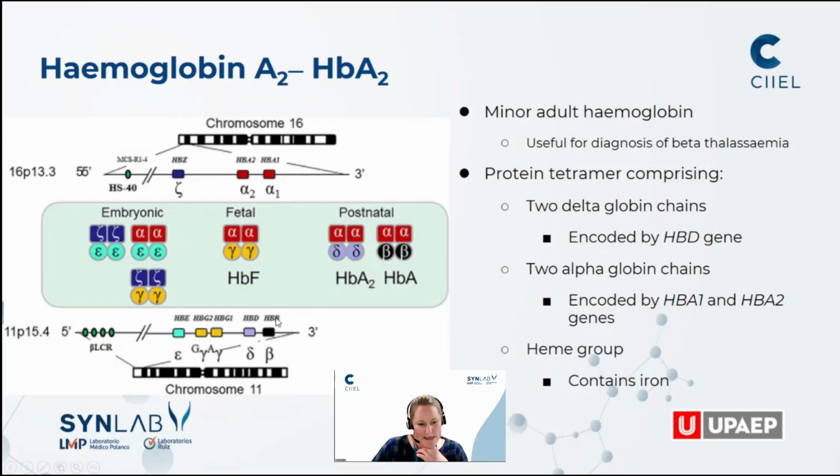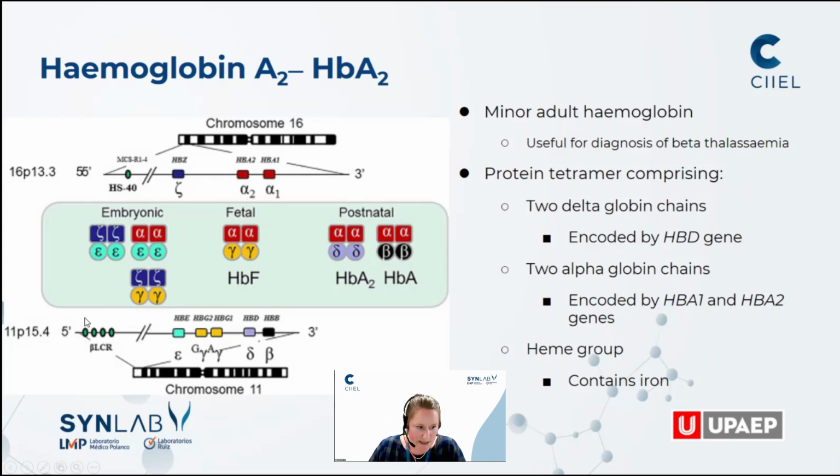So you've got your beta globin there on the right, and then you've got your delta globin, which makes up your hemoglobin A2, and then your two gamma globin chains which go to make up your fetal hemoglobin. And then there's also this minor epsilon globin, which is an embryonic form of hemoglobin.